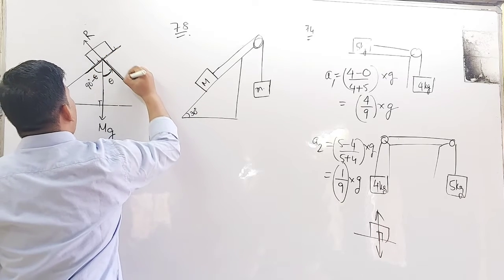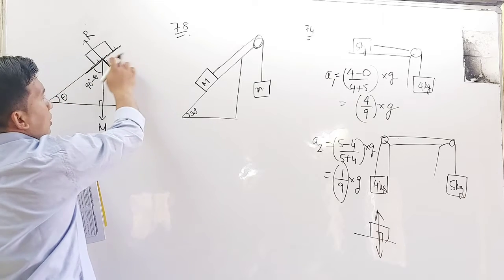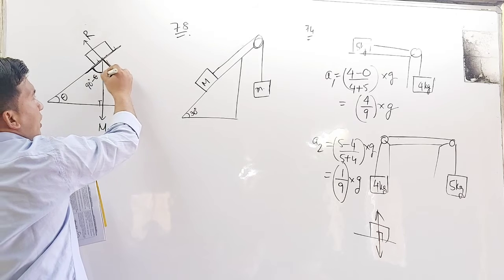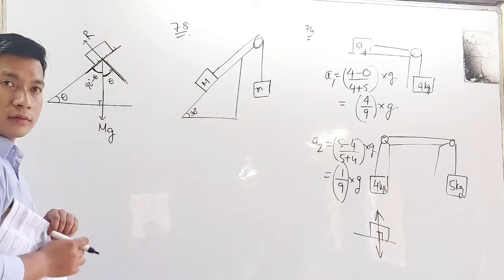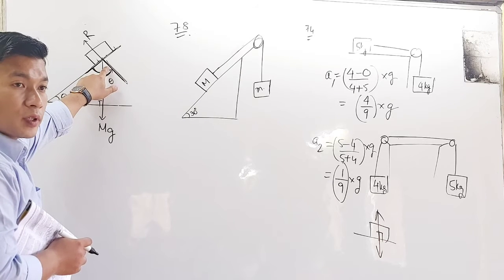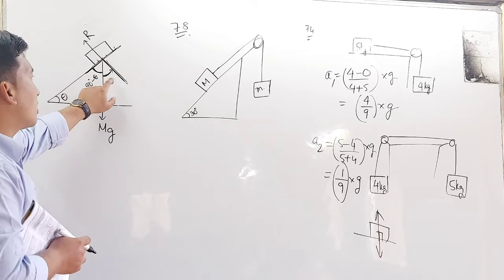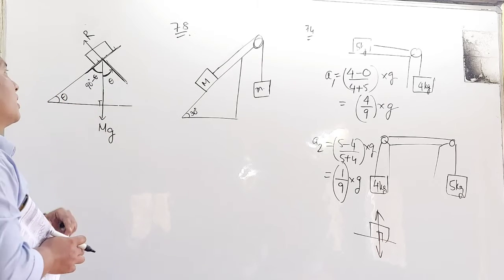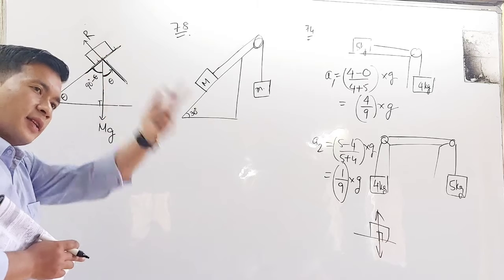This angle plus this angle will produce 90. This is 90 minus theta, this is theta. This is the mathematical evaluation.